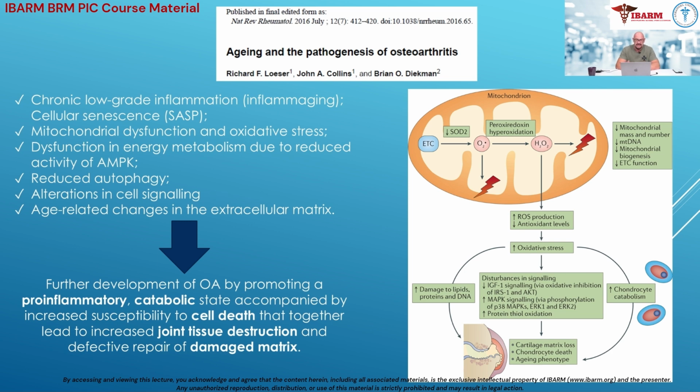So it's the inflammation, again the same old chronic low-grade inflammation, and the cellular senescence-associated phenotype, a very important hallmark overall of all age-related chronic degenerative conditions: mitochondrial dysfunction, oxidative stress, dysfunction in energy metabolism, again due to down-regulated AMPK gene, reduced autophagy, alterations in cell signaling, age-related changes in extracellular matrix, and that all leads to further development of osteoarthritis by promoting a pro-inflammatory catabolic state accompanied by increased susceptibility to apoptosis that altogether leads to increased joint tissue destruction and defective repair of damaged extracellular matrix.